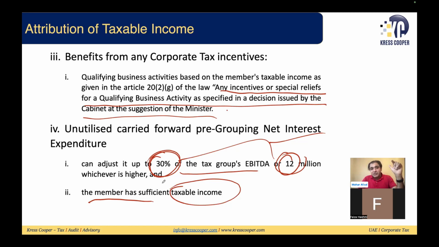But at the same time, just to make the calculations, how much benefits can we claim, how much interest we can claim for the pre-group tax losses, how much loss we can claim for the pre-group tax losses, how much interest we can claim for the pre-group net interest expenditures, or can we adjust the foreign tax credit, or certain specific incentives given by the government under Article 22G. So these are the scenarios which require that we calculate the taxable income of the individual tax member as well.